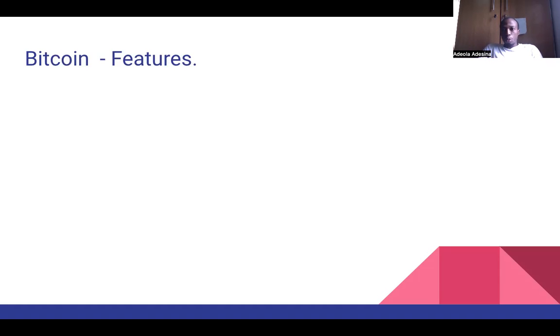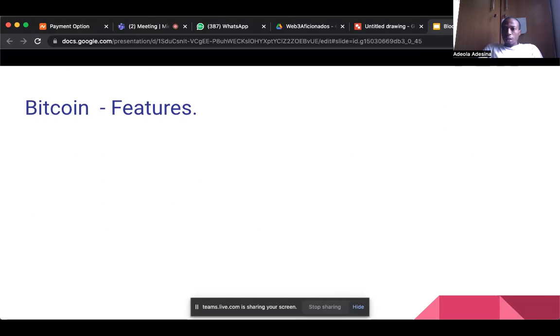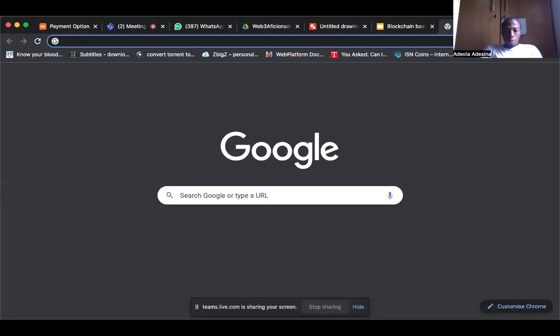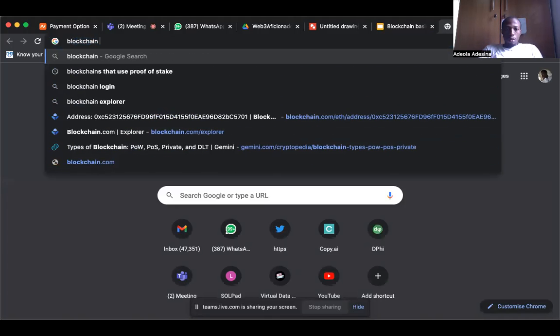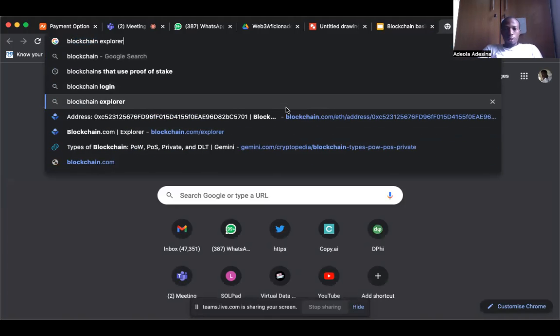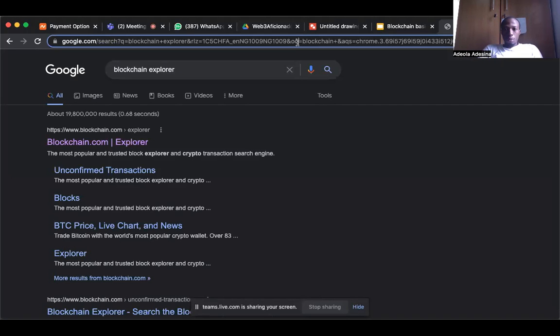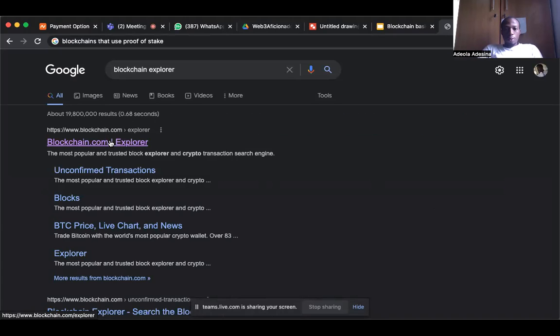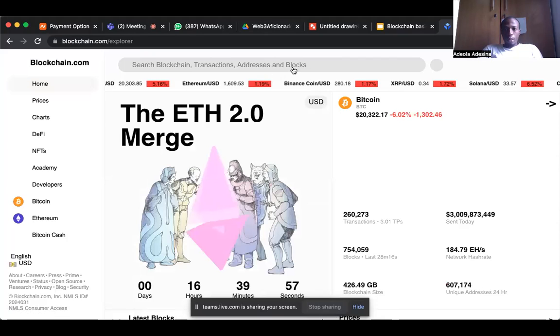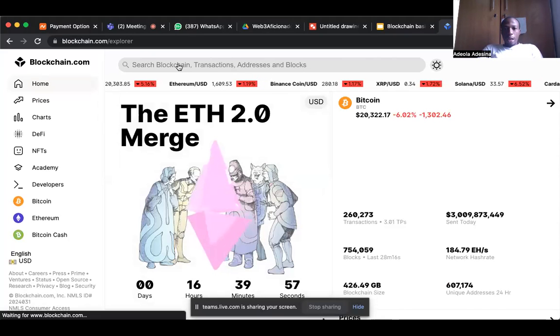So let me show you what that means. Let's say I want to look for the Blockchain Explorer. Great. So I come to the Blockchain Explorer, and I can paste just any crypto, Bitcoin or Ethereum wallet.